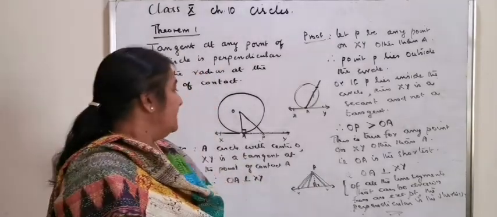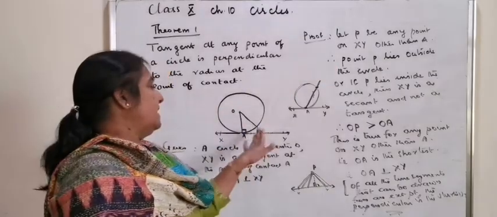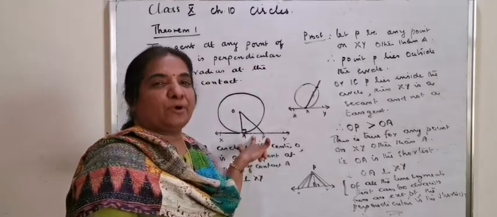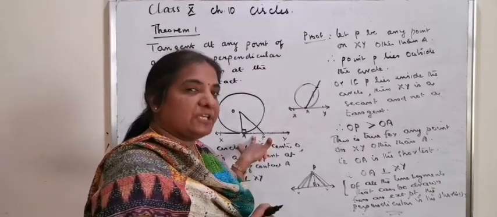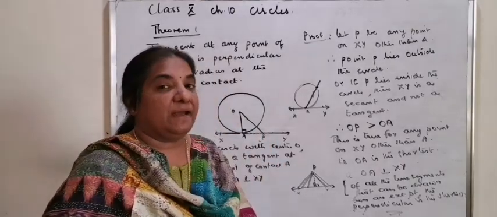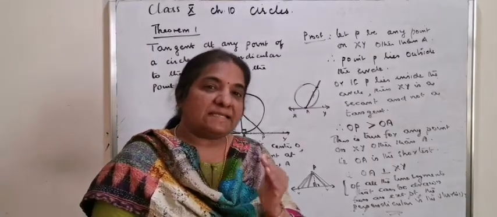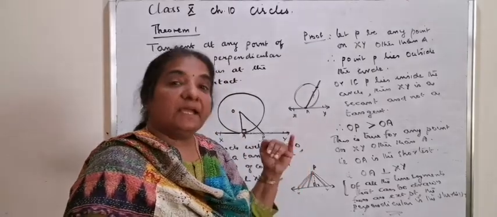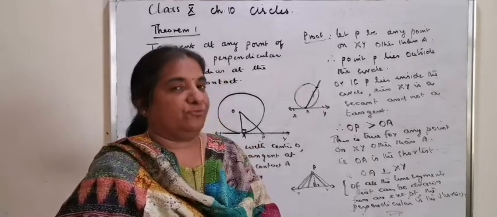So, once again, given a circle, let P be any point on XY other than A. A is the only point on the circle which is touching the line. So, if you take any point on XY, definitely that point P will lie outside the circle. Or if the point P lies inside, definitely XY cannot be a tangent. It has to be a secant, which is not given in the proof.